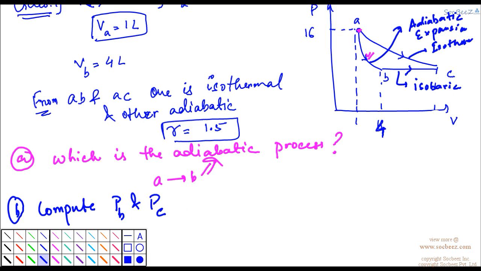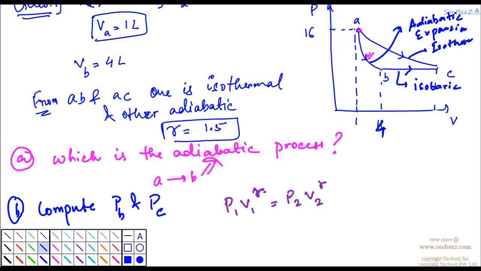Now you have to find the pressure at B. Obviously it is governed by the constraint equation for the adiabatic process, which is P1 V1 raised to power gamma equals P2 V2 raised to power gamma.